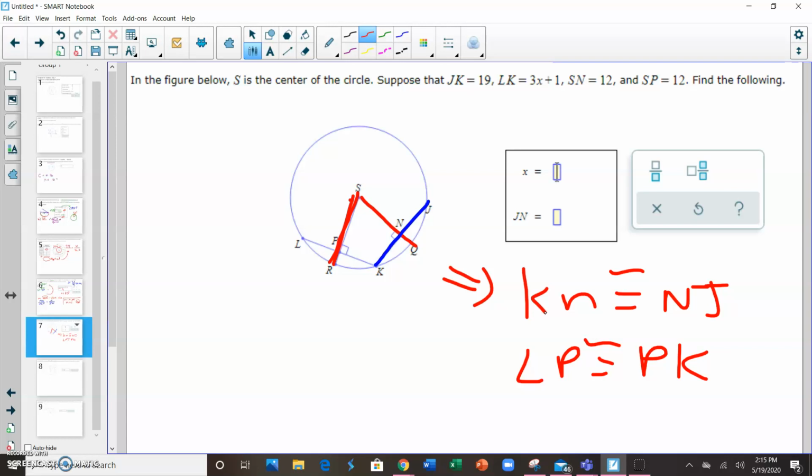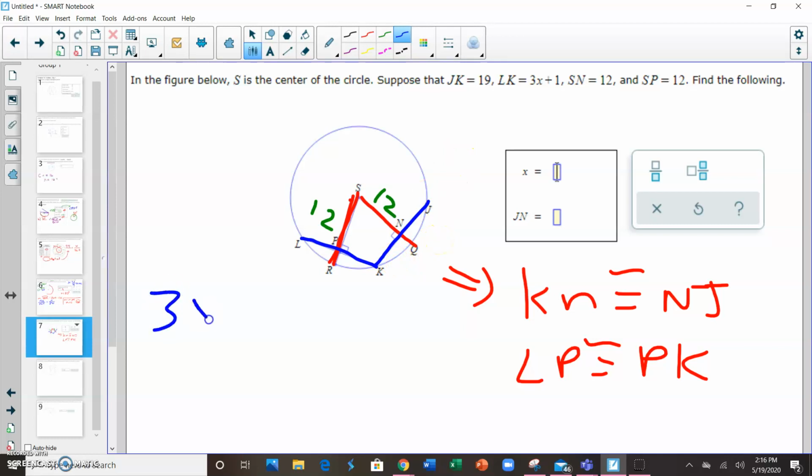Well, SN is 12 and this is 12, which means that these two chords are going to be the same length. Because if this and this are the same length, that means these two chords are the same length.